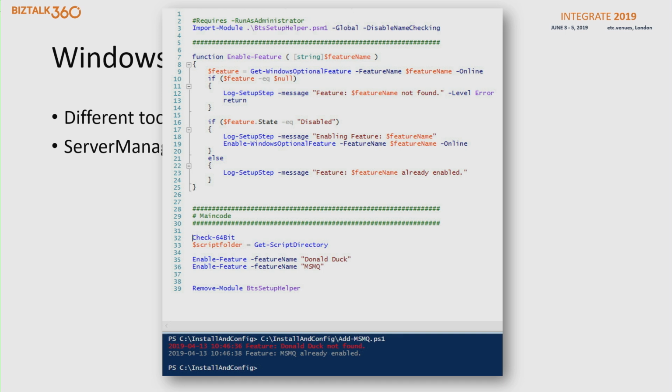Here's just a sample of actually enabling Windows features. I try to enable the Donald Duck feature, and you see I have an error message proactively telling me.